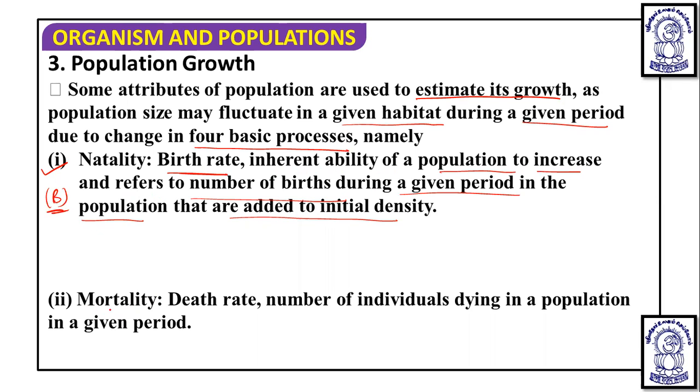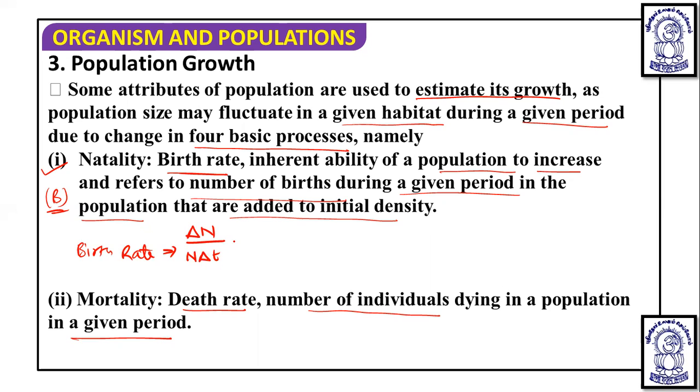In the same way, mortality is the death rate. The number of individuals dying in a population in a given period is described by this death rate. So that is mortality. If you want to count the birth rate, the formula is delta n upon n delta t.